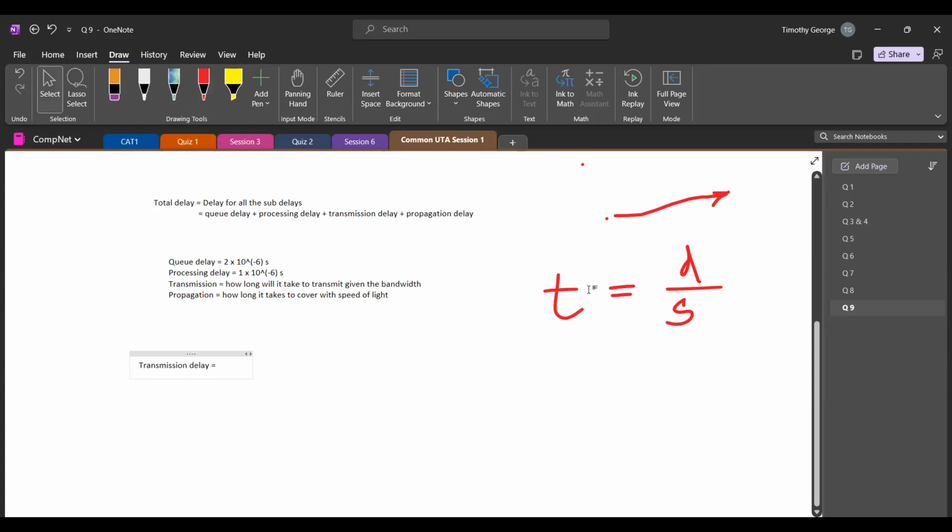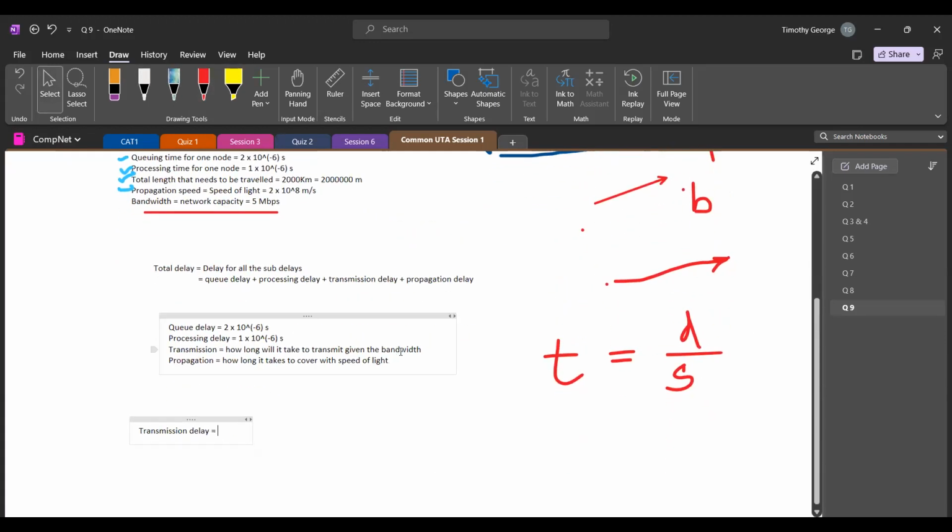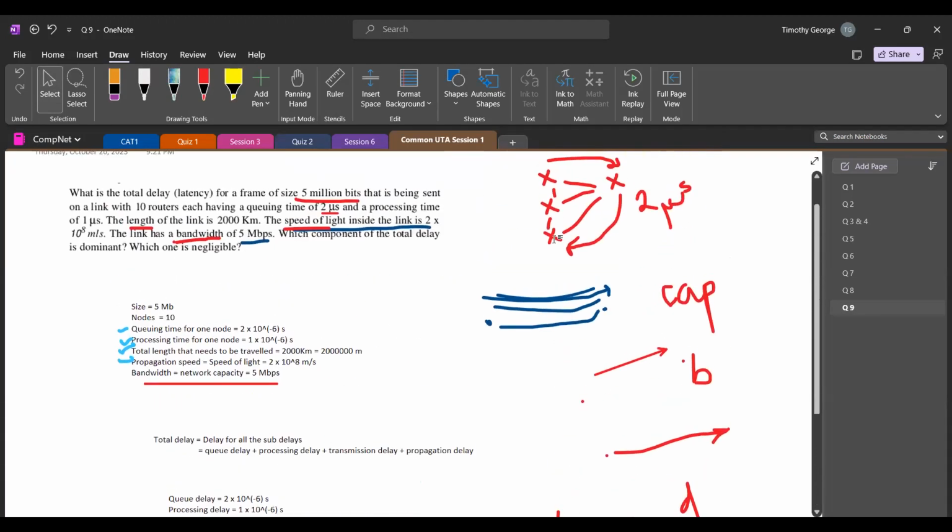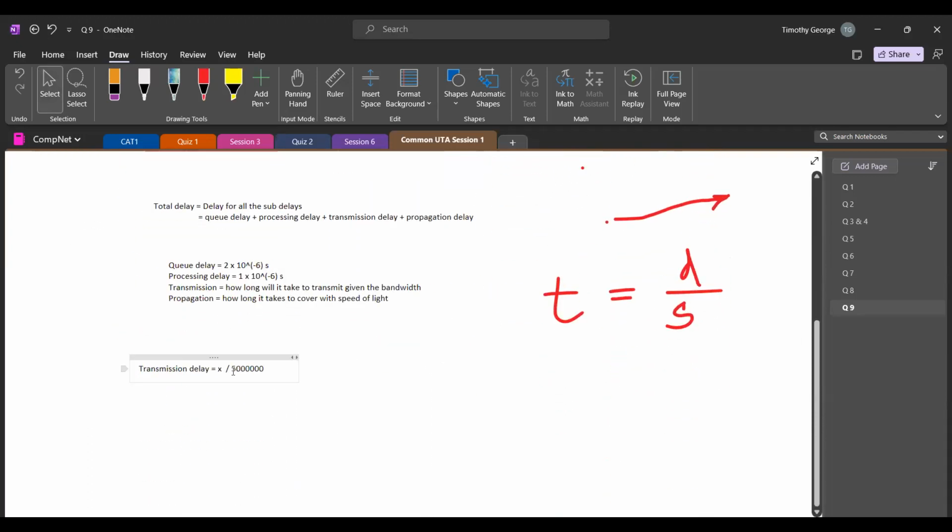Here the bandwidth is 5 Mbps, meaning 5 million bits per second. What do we divide by it? The length; if you're given the number of bits, that is the length. We are given a frame of size 5 million bits. So it's simple: bits divided by bandwidth.